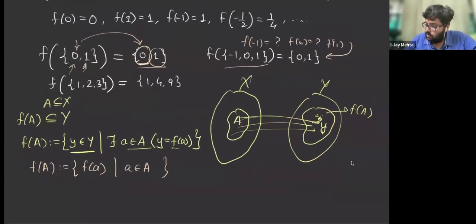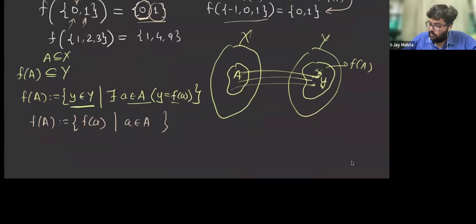Fine. So for this, I'll give you two functions and ask you to discuss or determine. f of x equals x squared, and g of x equals 2x plus 3. F and g are both from R to R, right?